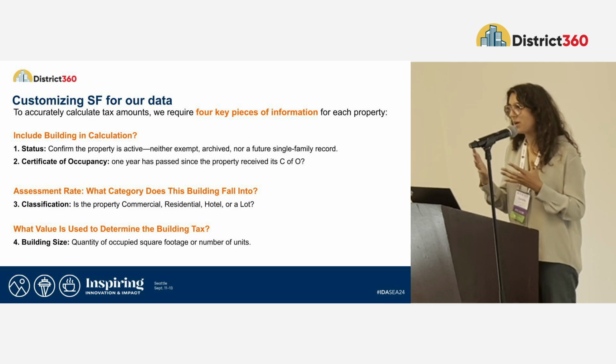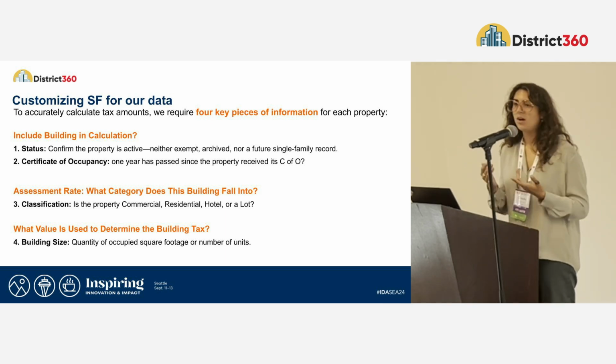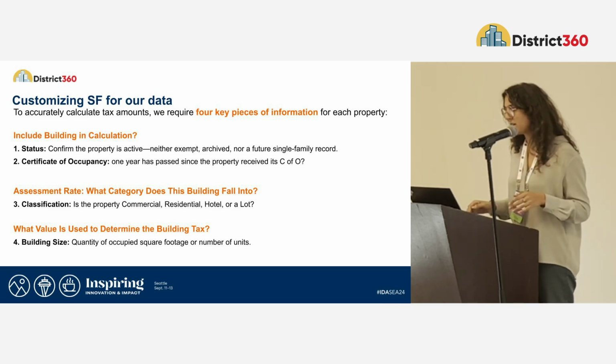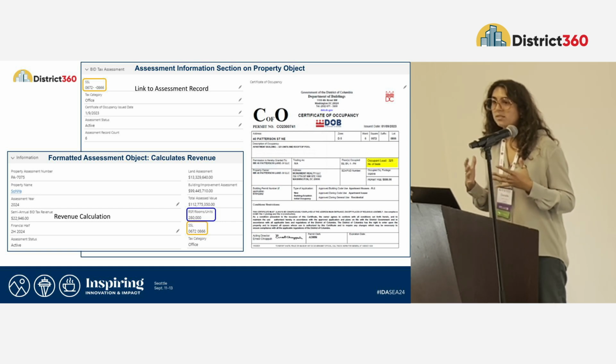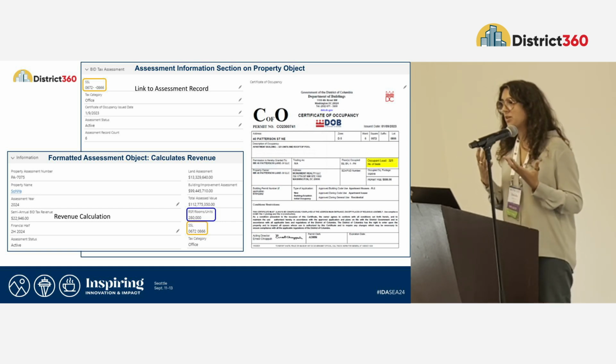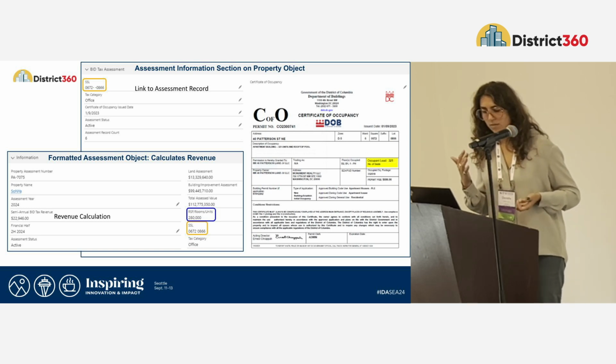So this is the multiplier for the assessment. This can take several units: occupied square footage, number of hotel units, depending on the building, that's how you measure it. So now we had to come up with a way to build Salesforce to represent those four pieces of information in order to calculate the assessment. This is an example of what it looks like.